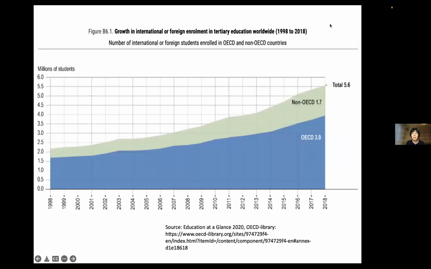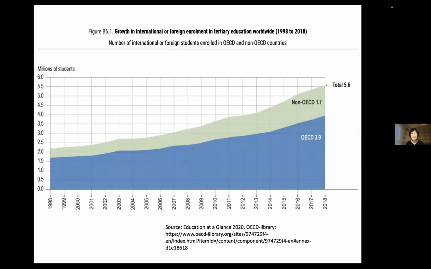I think many of you probably have seen this chart. This is actually before the COVID pandemic. COVID has really affected student mobility very severely. This is a chart from 1998 to 2018, 21 years, and it really shows the increase of tertiary foreign students enrolled in OECD and non-OECD countries.